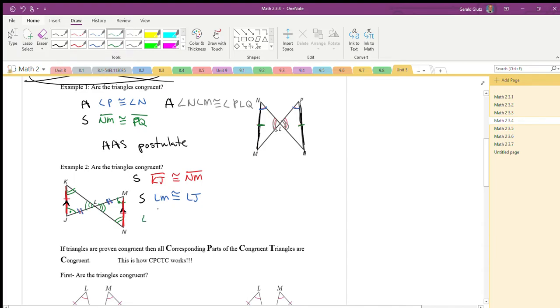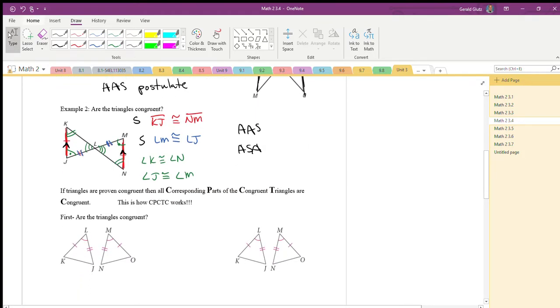So angle K is congruent to angle N. Angle J is congruent to angle M. So there's quite a few different postulates I could name. I could call it angle, angle, side. I could call it angle, side, angle. But either of those would work.